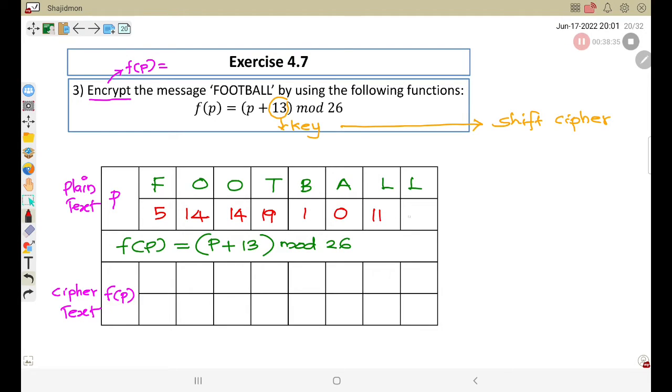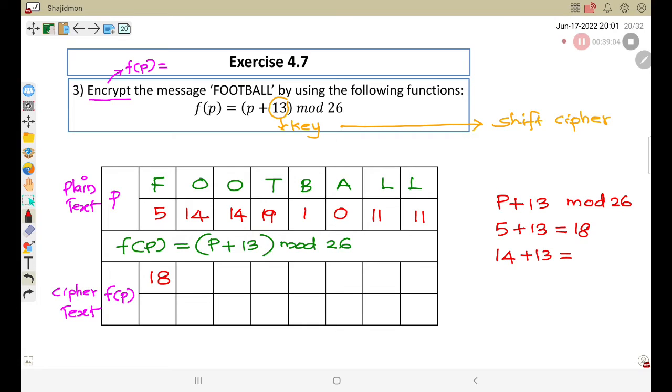L means 11. Correct? Now write the transformation on this side. P plus 13 mod 26. Plain text number is 5. So 5 plus 13, 18. Correct? So I can write the first number here, 18. Now next number 14. 14 plus 13. Correct?